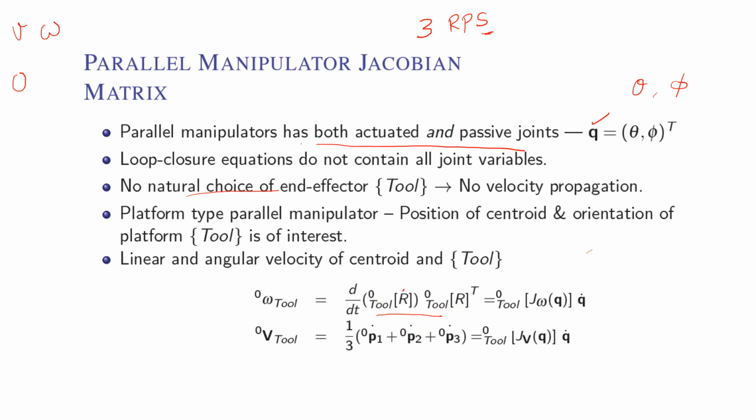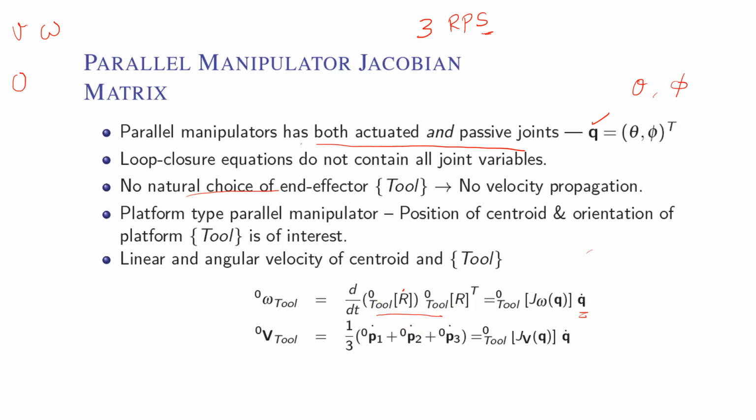Remember, we have discussed that in general the space fixed angular velocity vector can be obtained using this expression, and we can rearrange it into a matrix times q dot, right? Note that q dot will contain both theta dot and pi dot, because the position vector or the rotation matrix of the top platform or the tool coordinate system will contain both theta and pi.